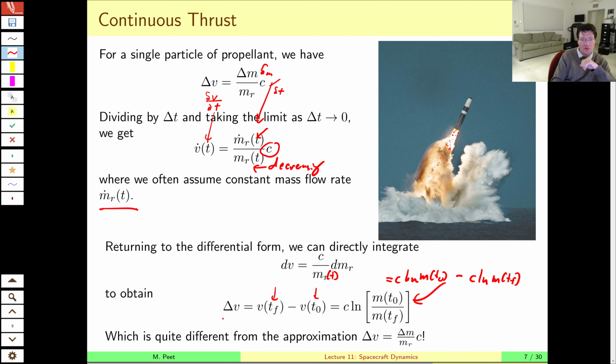Well, we're not fussing about mass flow rate. And this is what we get. The delta V produced is linear in the exhaust velocity, so the faster the exhaust velocity, the better, times the natural log of the initial mass divided by the final mass.